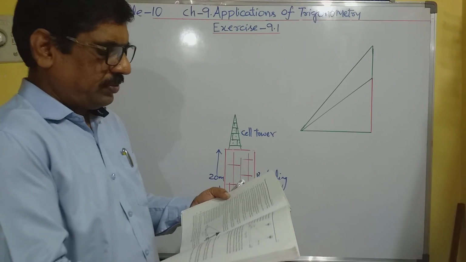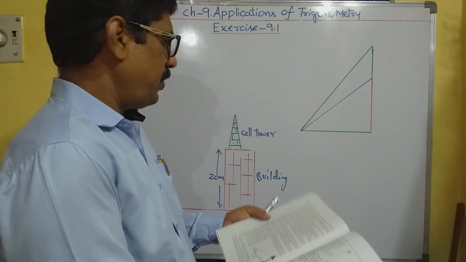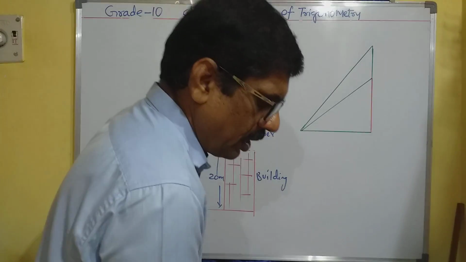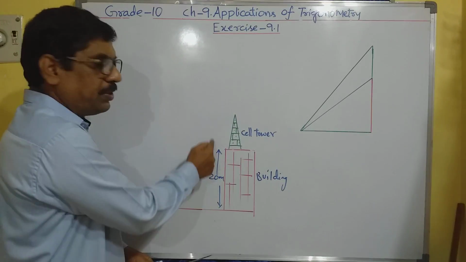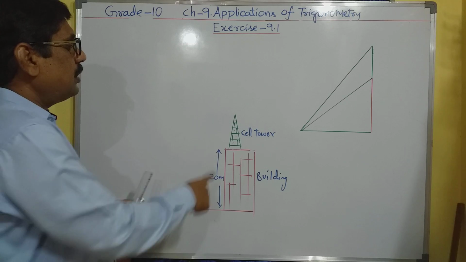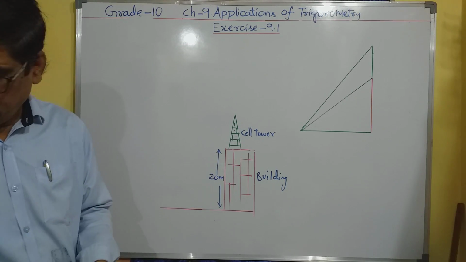Now look at this. See, elevation of the bottom and the top of a transmission tower. Here I have drawn the diagram. Here there is a building of height 20 meters and there is a tower, a cell tower, on the top of the building like this.